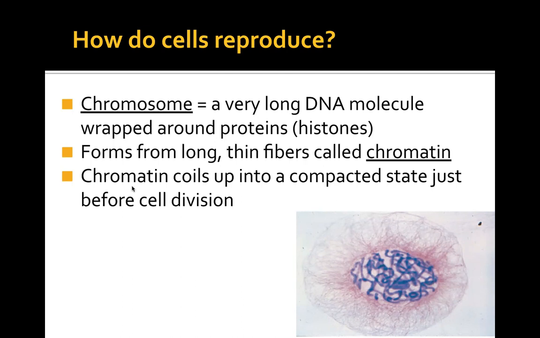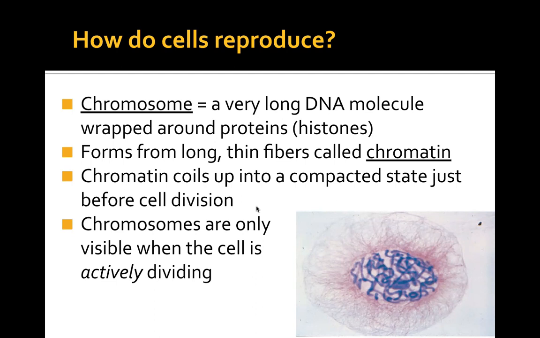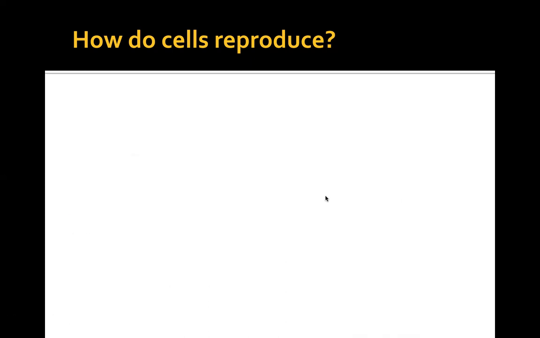However, when the cell is dividing, you want the DNA to be organized in a way that it will be easy to split it up between the two cells that you're creating. So just before cell division, chromatin coils up and compacts into chromosome form. Because chromosomes are the compact version, you can really only see the compact DNA in chromosome form when cells are actively dividing, when they're in mitosis.